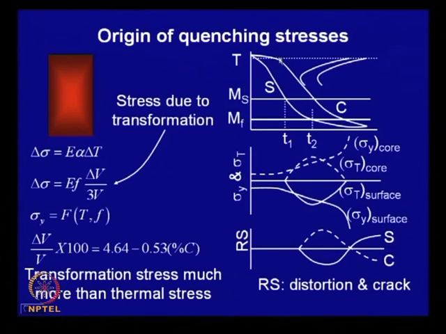But look at when the martensite transformation starts at the surface. After this time t, when it crosses the MS temperature, and the process is athermal, it continues to take place as long as the temperature goes on decreasing, and it completes over here, and possibly at that time transformation may not have started at the core.